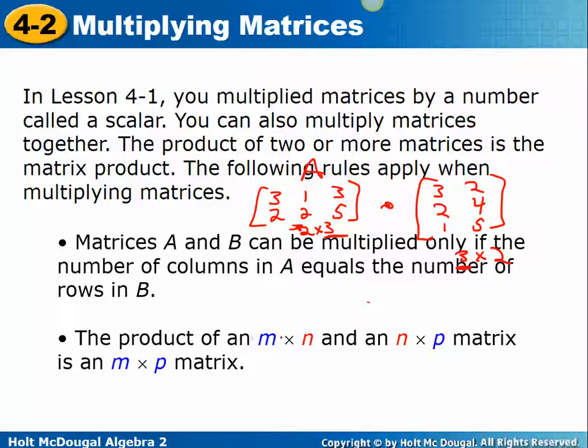When you multiply a matrix that has an m by n dimension by an n by p, see the n and the n is the same in both of them, the result will be an m by p dimensions. So this example up here, when I multiply these together, I will get a 2 by 2 matrix because the 3's match and you're left with the 2 rows by 2 columns.